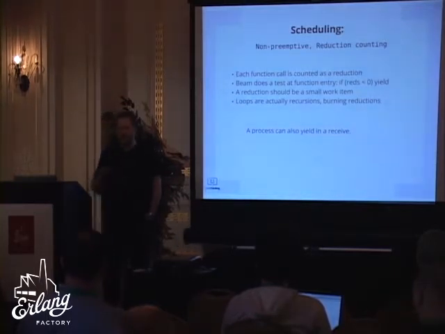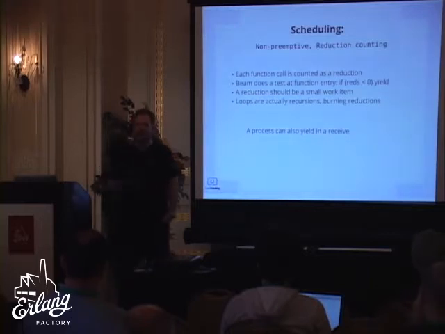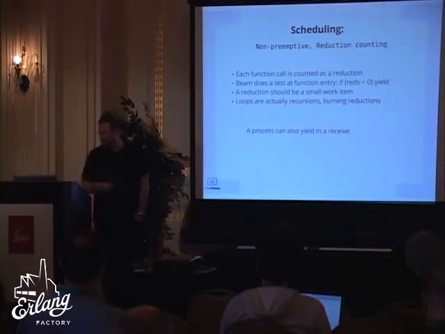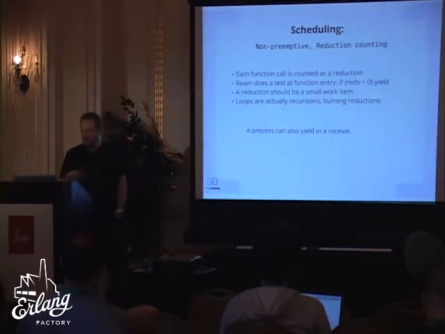And since there are no loop constructs in Erlang, the only way you can create a loop is by doing a tail call. This is actually a function call, and this function call will be counted as a reduction and checked for whether you need to yield or not. Of course, there are other ways a process can yield.